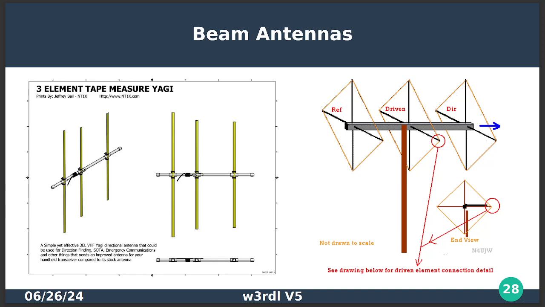There's a calculator for the distance between the elements, and I don't have a tape measure with me, so I don't know if these are equidistant or not. Usually not. It's less obvious with this one though. With the drawing here, it's pretty obvious.